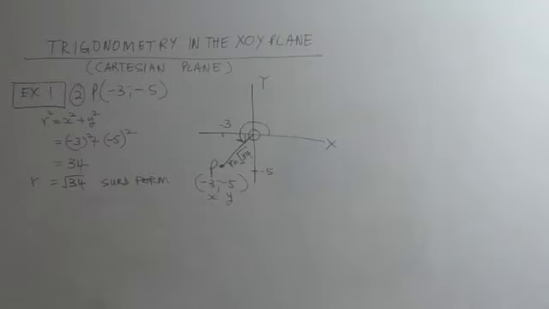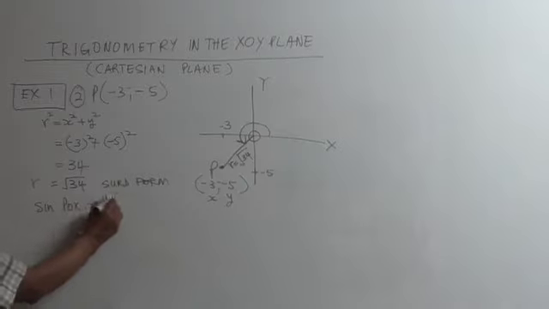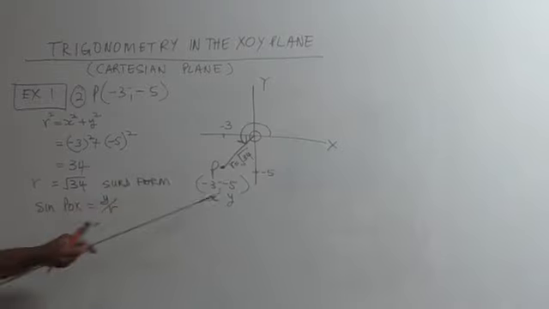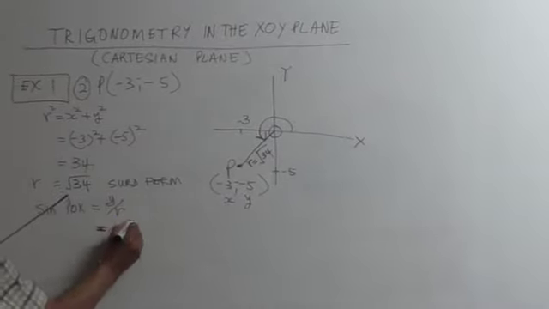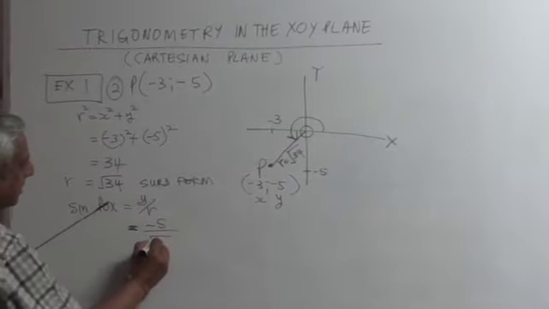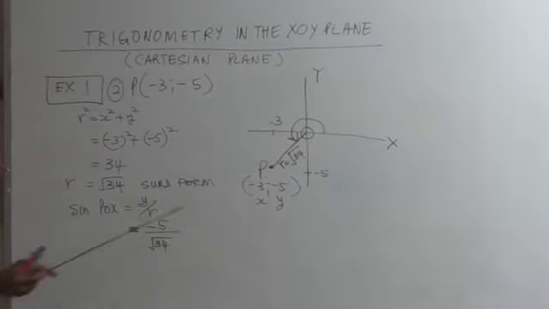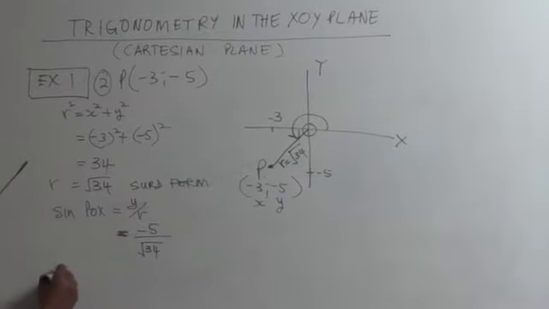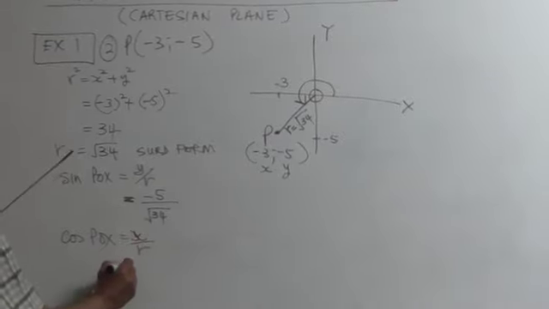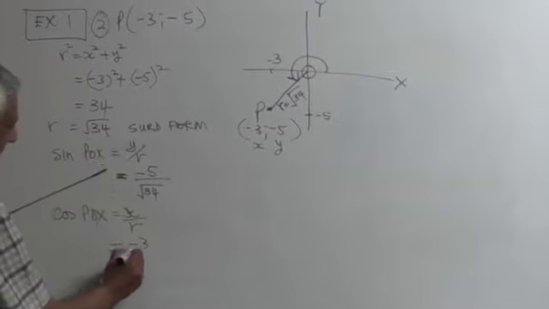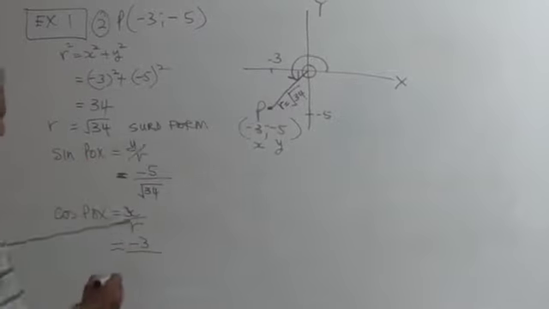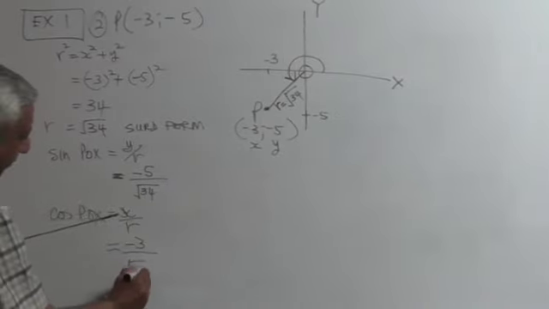Right, now you want sine, cos and tan. Sine POX is equal to y over r. Y is negative 5, so be careful, don't forget about the sign. So it's negative 5 over root 34. Cos POX is equal to x over r, which is negative 3 over root 34.